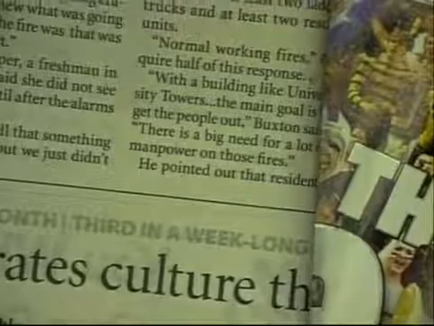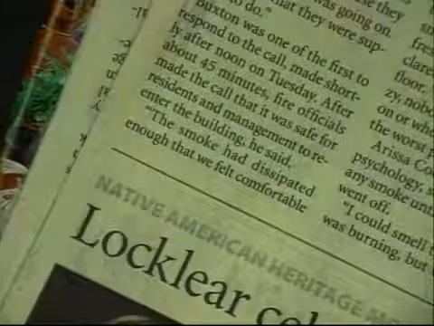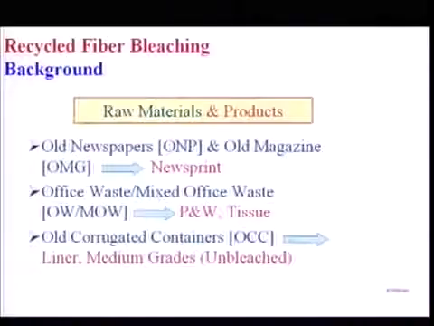Even I have seen recycle plants recycling 100% newsprint to make newspaper. Again, you need to go through de-inking, color stripping, delignification, all kind of processes, particularly lignin modification process, to get to 58 brightness again.